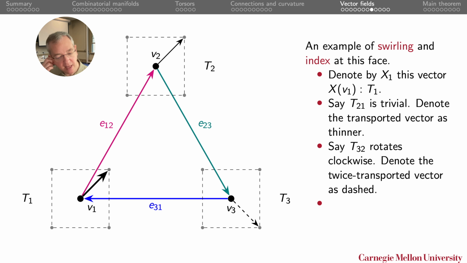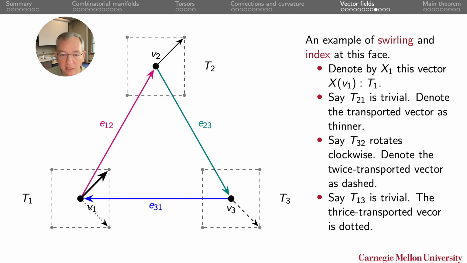So let's say then that T32, right, goes again from T2 to T3, that it rotates clockwise by 1/4 turn. So now I've drawn it as dashed to show that it's a little more faded out. It's been transported twice by the time it got here. That's what the thinness and then dashedness is supposed to show. And then it turned to the 4:30 position on the clock.